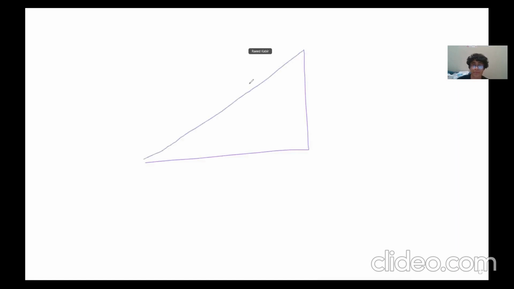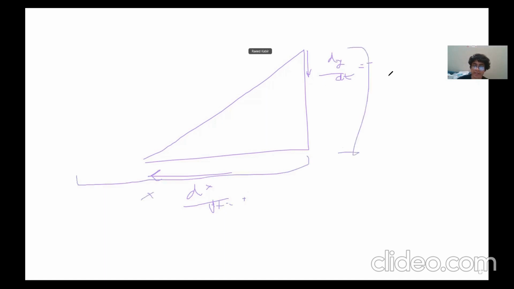Pythagorean theorem comes up. You're trying to relate maybe x-word motion, ladders slipping and falling. Don't forget the dy over dt here is negative, that kind of thing. But the dx over dt is positive, because the x length here is getting bigger and the y length here is getting smaller.